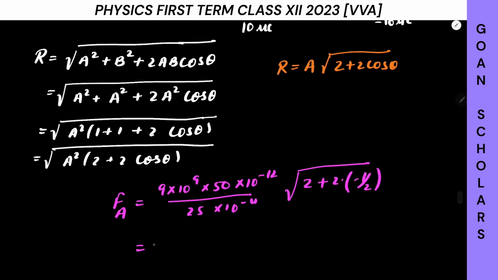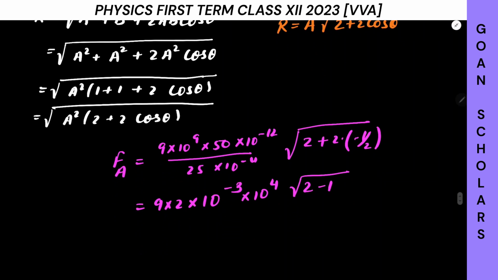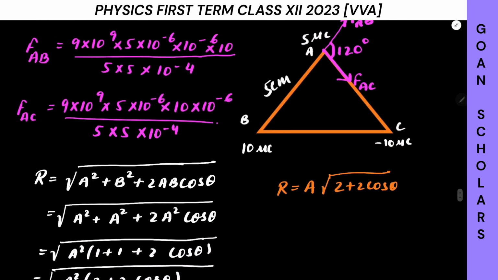This will be 25 and 50, 25 and 50 will cancel out. It will be 2. So 9 into 2 into 10 to the power 9 minus 12 minus 4 goes up plus 4, into root under 2 minus 1. What is 2 minus 1? 1. And root of 1 is 1. So we can ignore the last part. 18 into 10 to the power 1. So 180 newtons. That's the correct answer for this question.